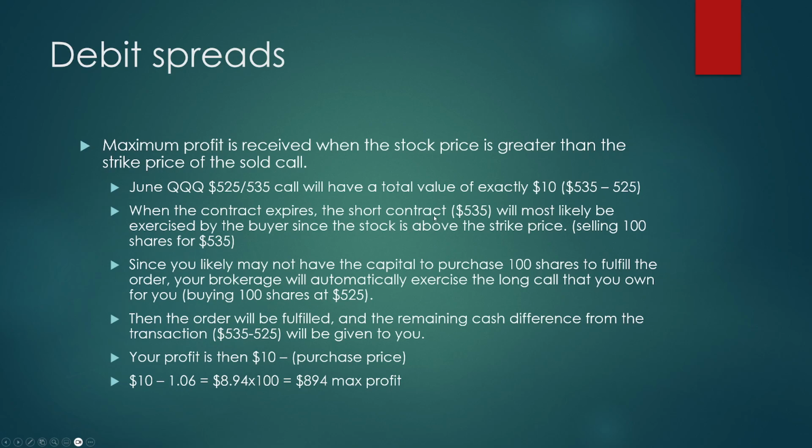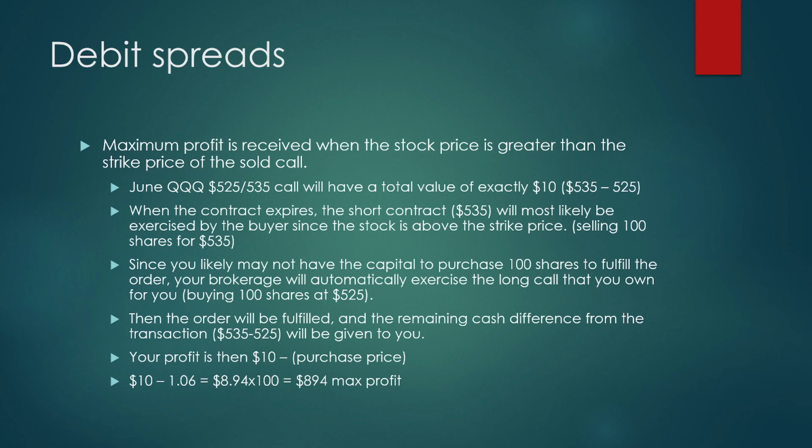It'll most likely be exercised by the buyer since the stock is above the strike price, because no one wants to lose out on any value. If QQQ is trading at, let's say, 540 or 545 by the time of expiration, the buyer of the call that you specifically sold will lose out on money if they let the contract expire.